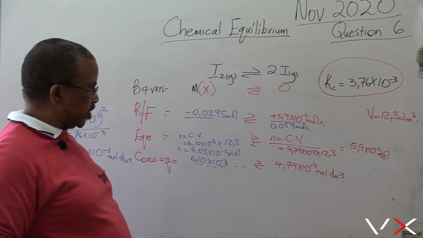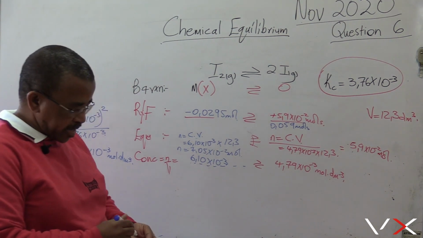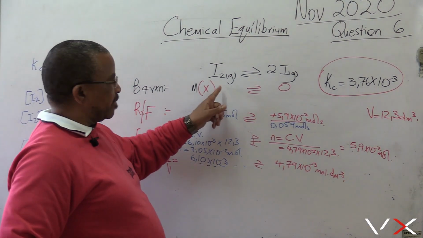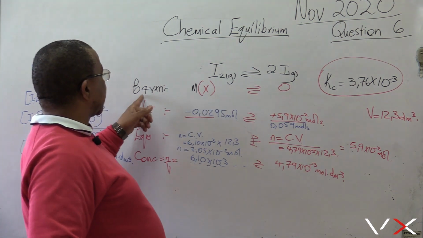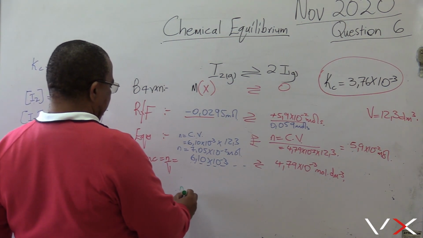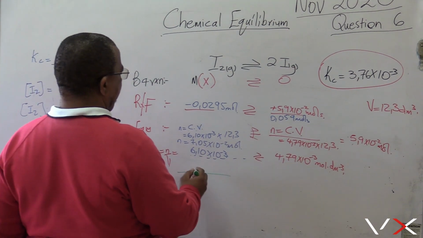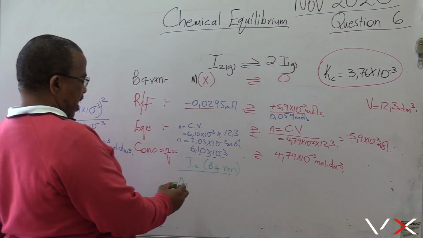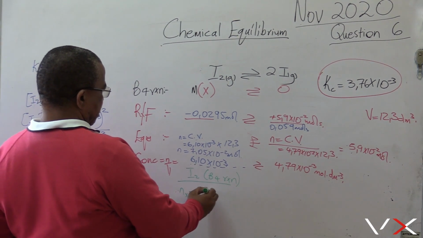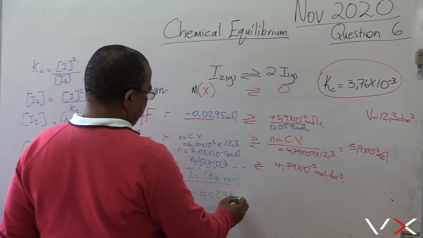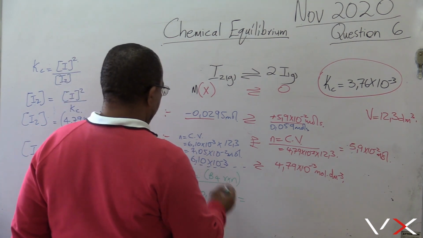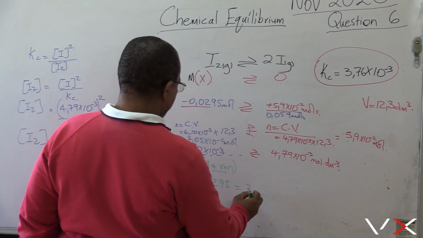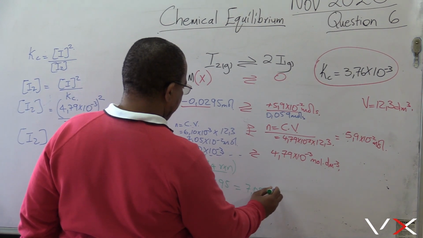So now we want the number of moles of I2 before the reaction. The moles that were used up are 0.0295, and the moles remaining are 7.05 times 10 to the power minus 2.